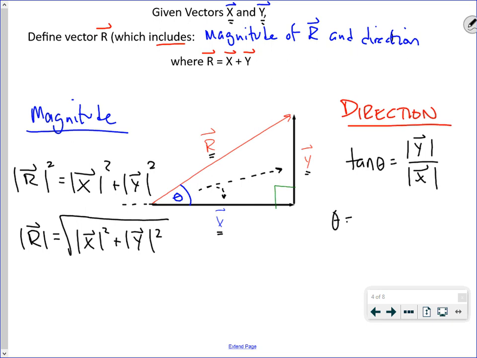Or theta, therefore, is the inverse tangent of the magnitude of y divided by the magnitude of x. And that's it. If I gave you x and y, you could tell me everything there is to know about vector r using a couple of trigonometric tools. Agreed?